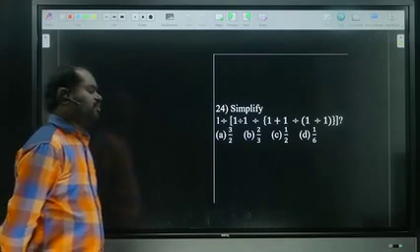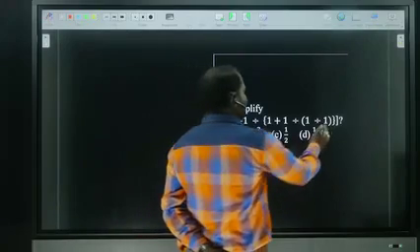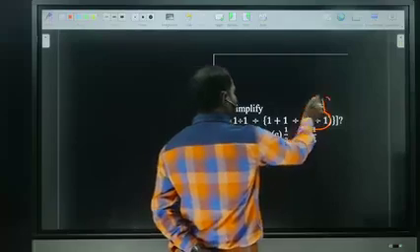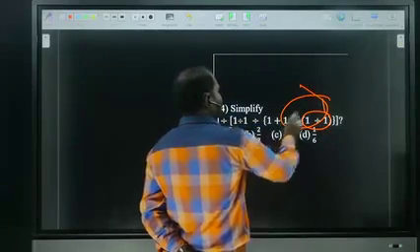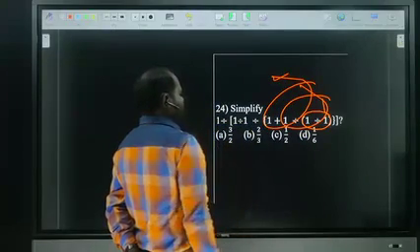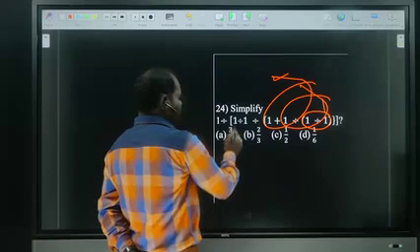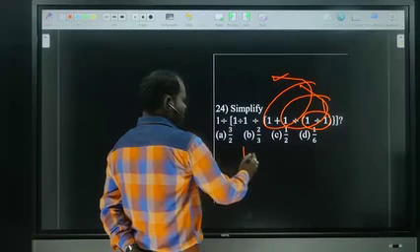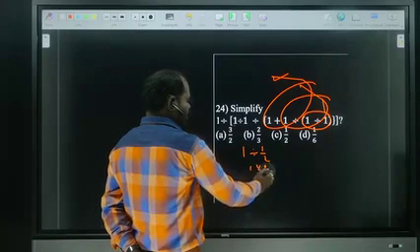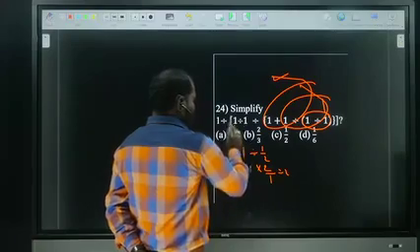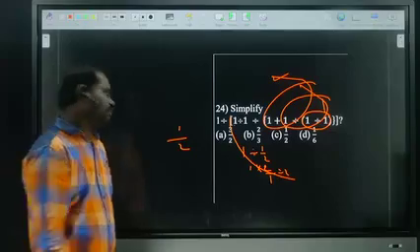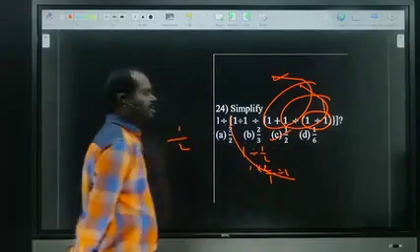As per the BODMAS rule, first preference is the open bracket. 1 by 1 is nothing but 1. It is finished. 1 plus 1 is 2. 1 divide by 1 by 2. 1 divide by 1 by 2 means, from here, 1 into 2 by 1, nothing but 2. Up to here the answer is 2. So 1 divide by 2. Option C is right, 1 divide by 2.